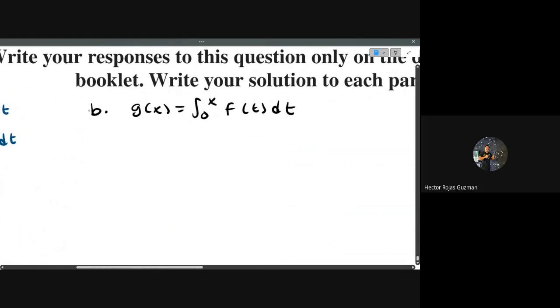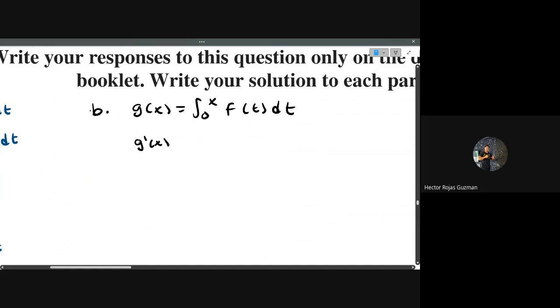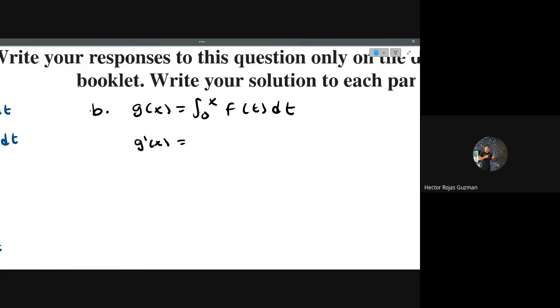And if I want to find my critical points, we know we're supposed to find the derivative. Now, the derivative cancels the integral, leaving us with f of x. We set it equal to 0. And now tell me by looking at the graph, where does the function f attain the value of 0? That happens at x equals 4.